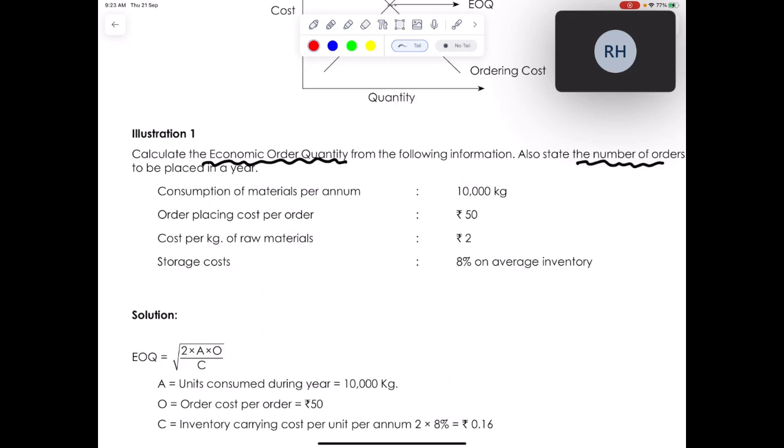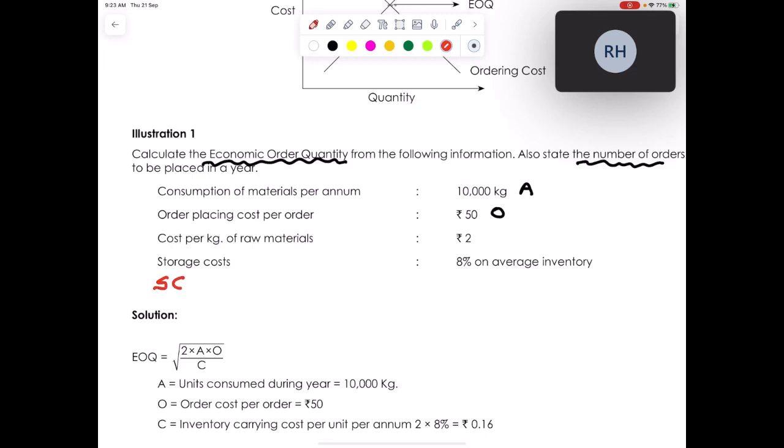So alphabetically this is known as A, the annual requirement of raw material. Second, whenever I place an order, I have to incur rupees 50, irrespective of the number of units in that order. This is known as ordering cost. Now a very important point.